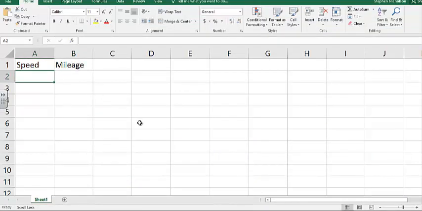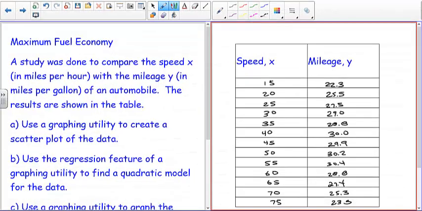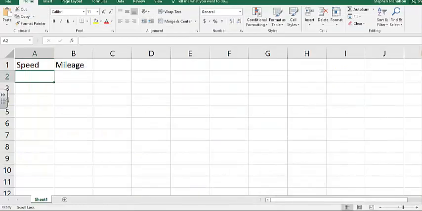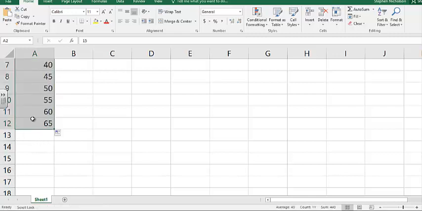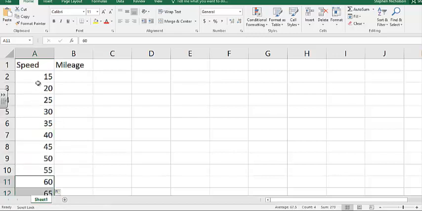The values are 15 to 75, in increments of 5, so you can write the first two values, highlight those, and drag down far enough to get to 75. It seems I have to go a little further here. You could also just manually enter those numbers if you wanted to.